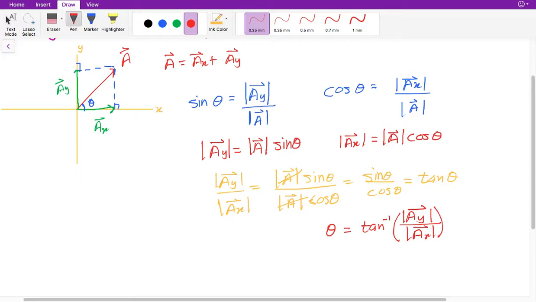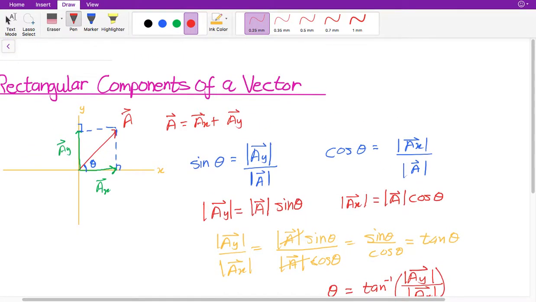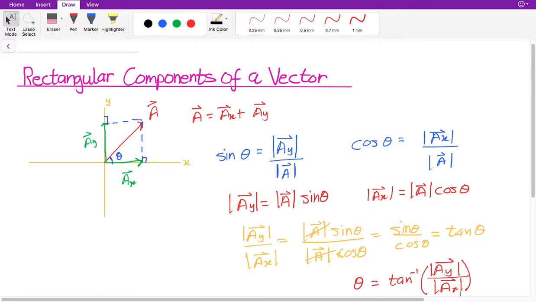And with this, we can now fully describe the rectangular components of vector A, and that's it.